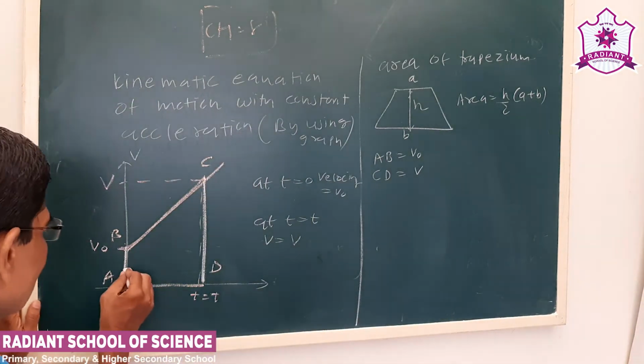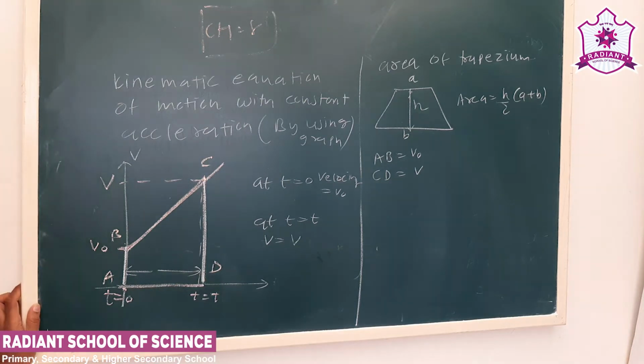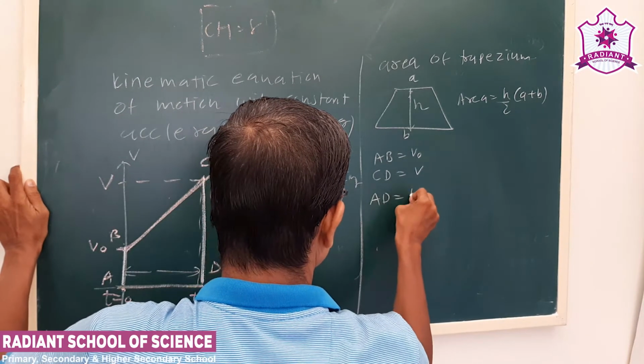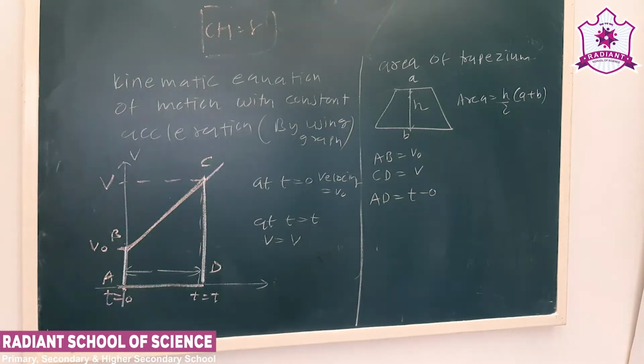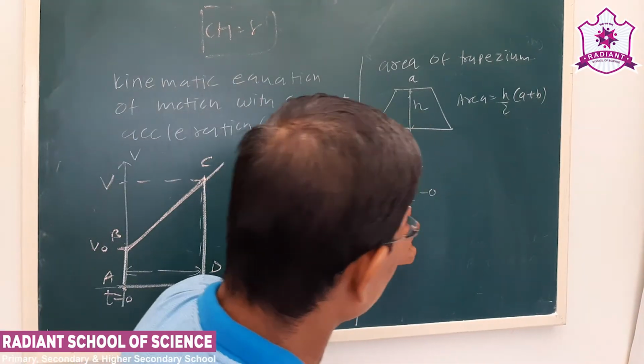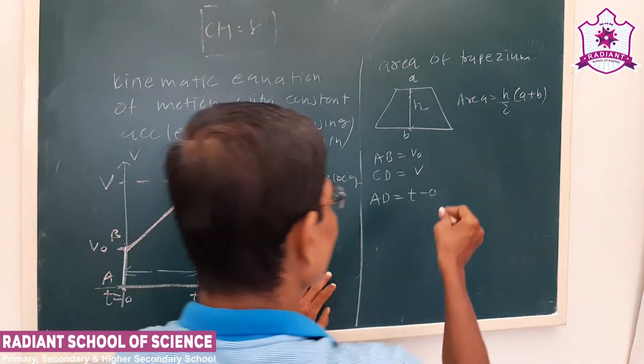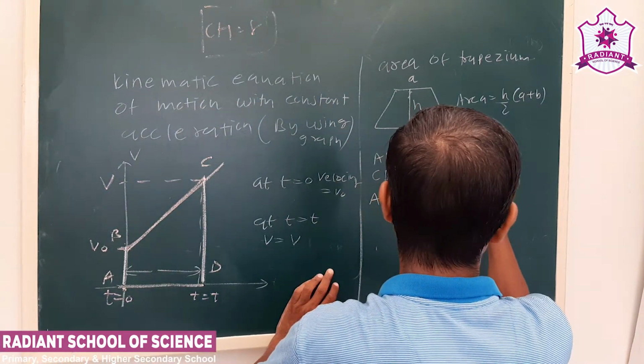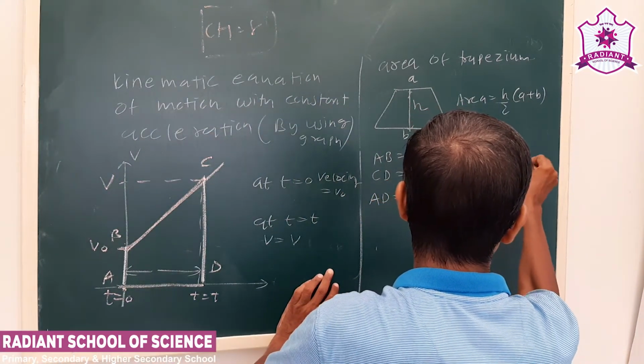And what is the perpendicular distance? AD is the perpendicular distance, t minus 0. So if I call the sides a, b and this is h, the displacement is h by 2 into a plus b.